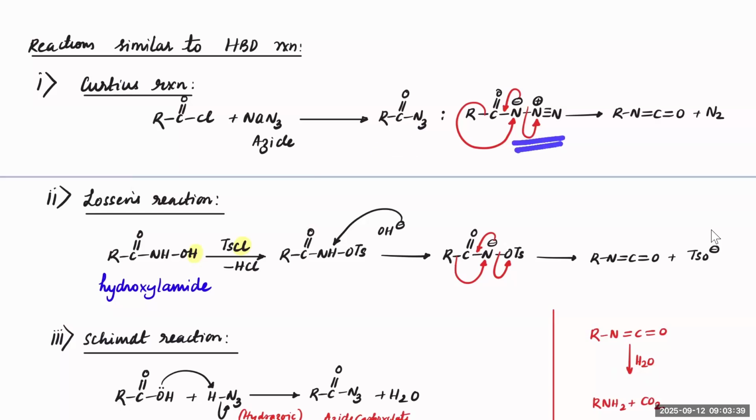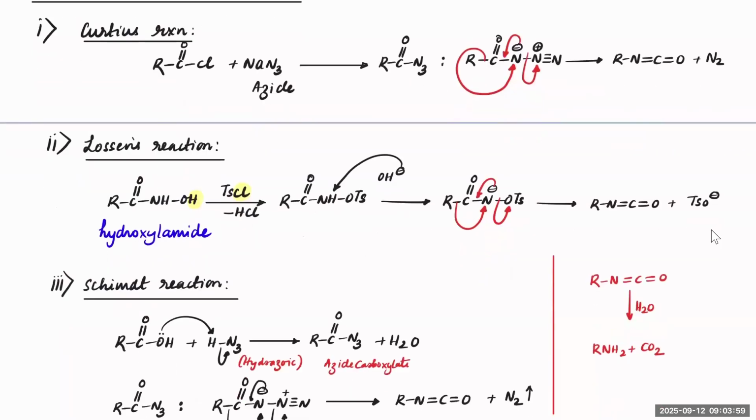You will have this connection like this. Then R minus will go and connect onto this nitrogen. The minus charge will be pushed here, the N2 group will be out. So what do I get? R-N double bond C double bond O. This is isocyanate.